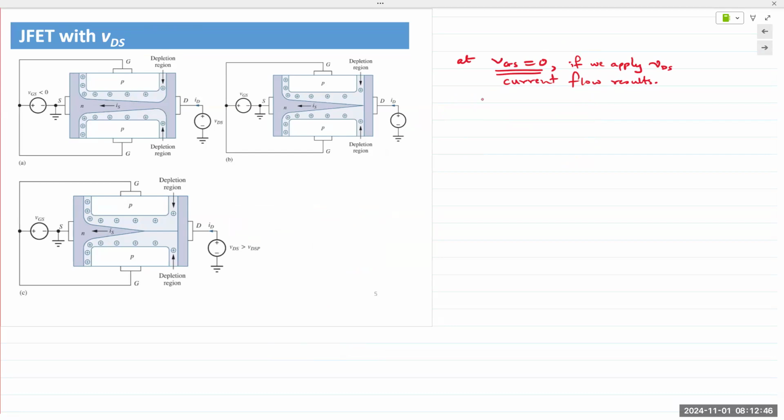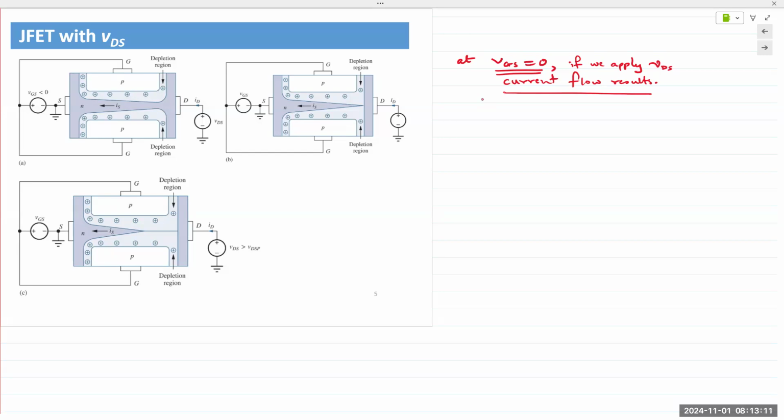Electrons are attracted and current flow results. Okay, so there's movement of charge carriers. It's an N channel, meaning there are free electrons available to conduct charge. When you apply a positive bias, electrons are attracted. Current starts flowing through the device, through the channel.